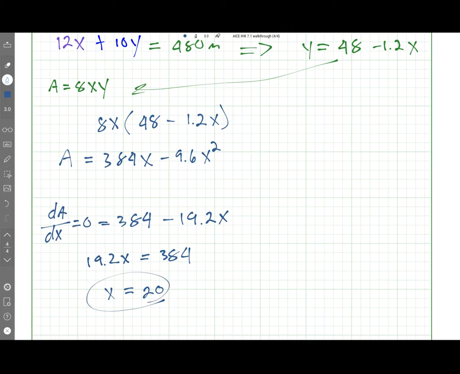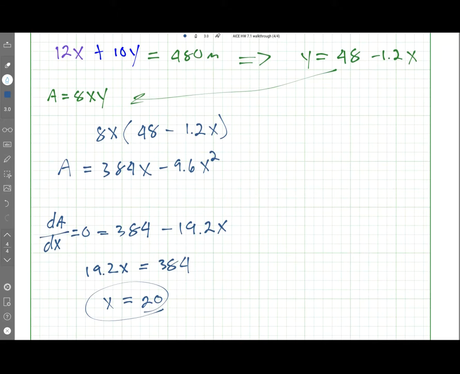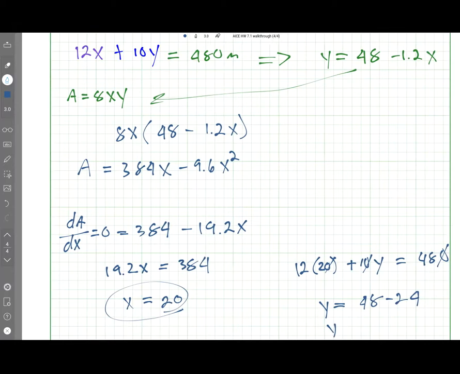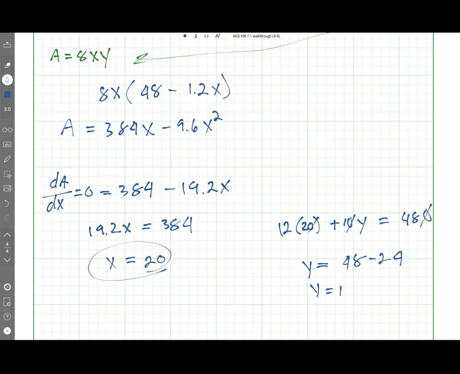So that's x. We can plug 20 back into our 12x plus 10y equation. So we can do 12 times 20 plus 10y equals 480. So y is equal to 48 minus 24, so y is equal to 12. So there's our ordered pair, 20, 12 is our maximum x and y.